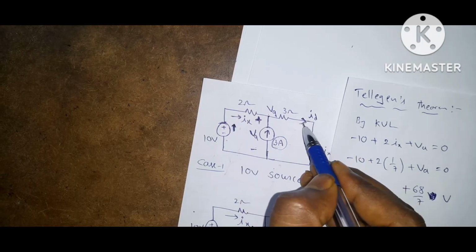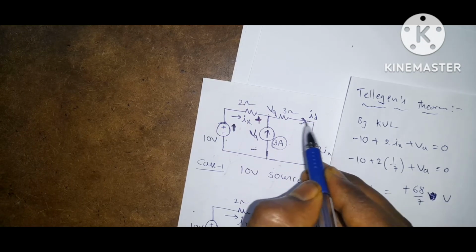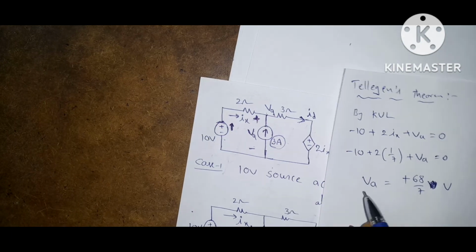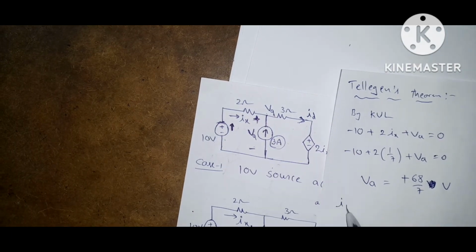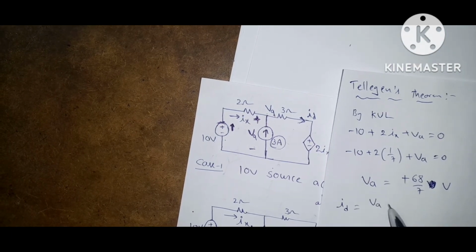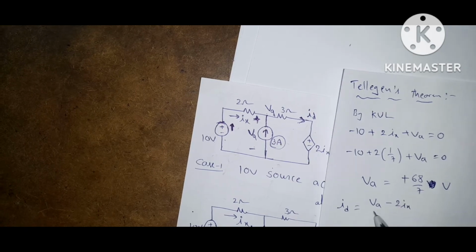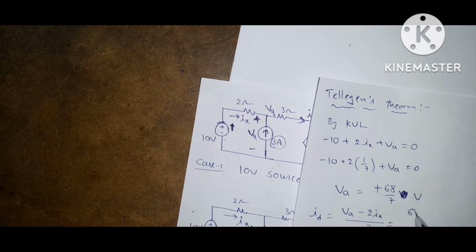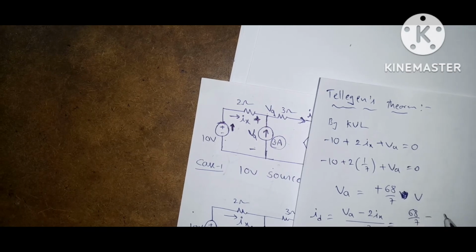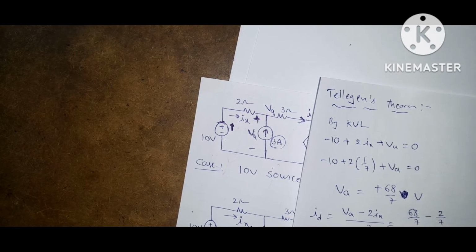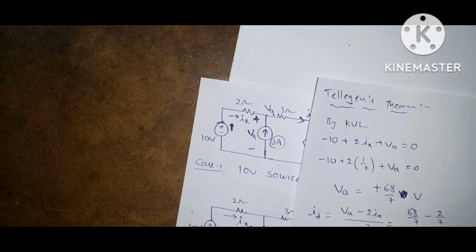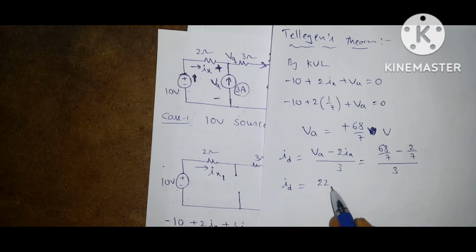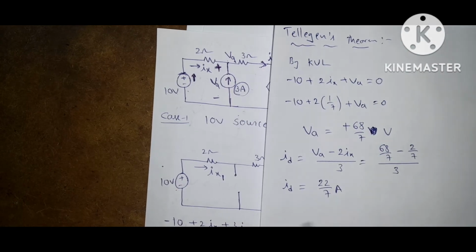Now find the current ID, the current flowing through the dependent source. So what is ID? ID is equal to (VA minus 2Ix) by 3. VA is 68 by 7, minus 2 by 7, divided by 3. By solving this, you will get 22 by 7 amps.